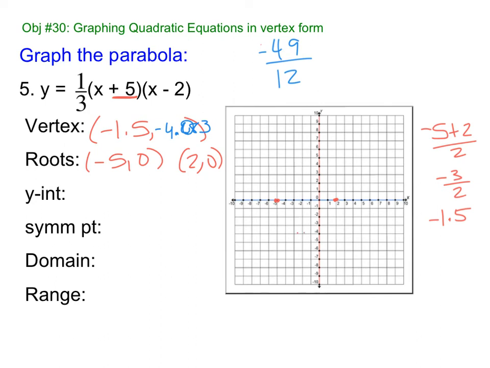So we're like around here, right? And now my y-intercept makes sense because I got negative 3.3 repeating. 0, negative 3.3 repeating. And then the symmetric point would be negative 3, negative 3.3 repeating.